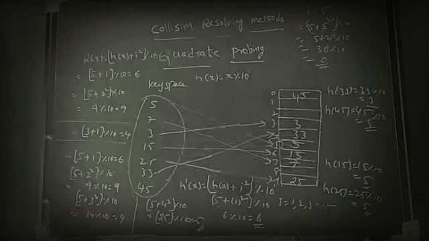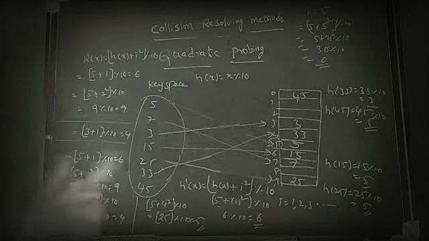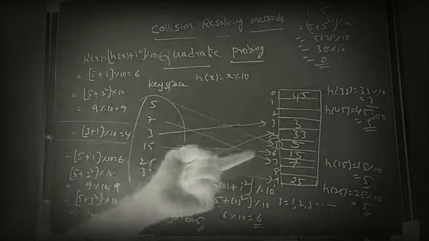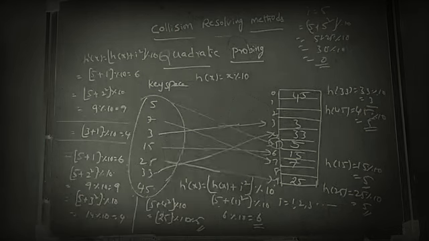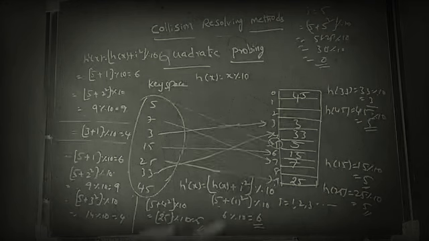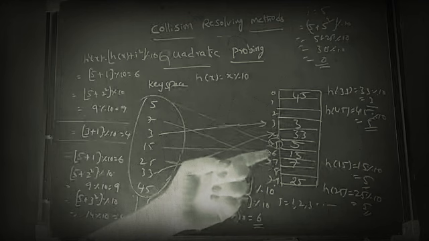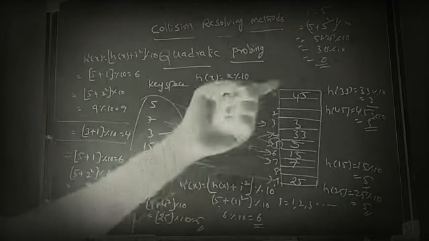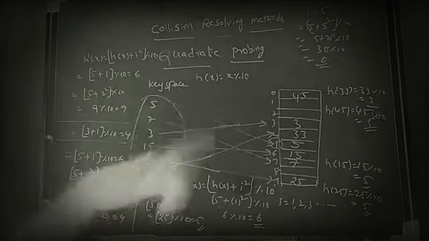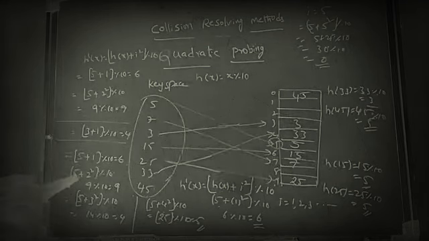Here also, suppose 45 is to be searched, hashing to index 5. The searching process uses the same thing: go to the 6th position, then the 9th position, then jump to the next index position, the same as the process we did in the insertion of the elements.